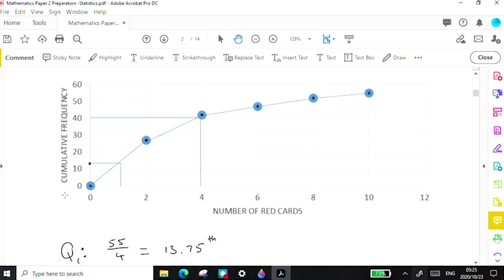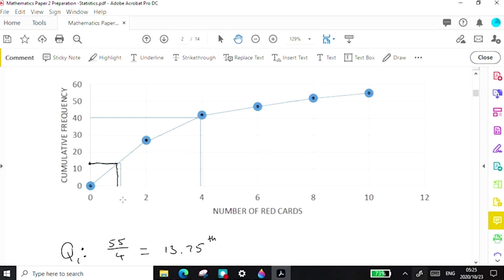So you draw a horizontal line touching the ogive curve, and draw a vertical line downwards, and read the x value, which should be equal to 1.